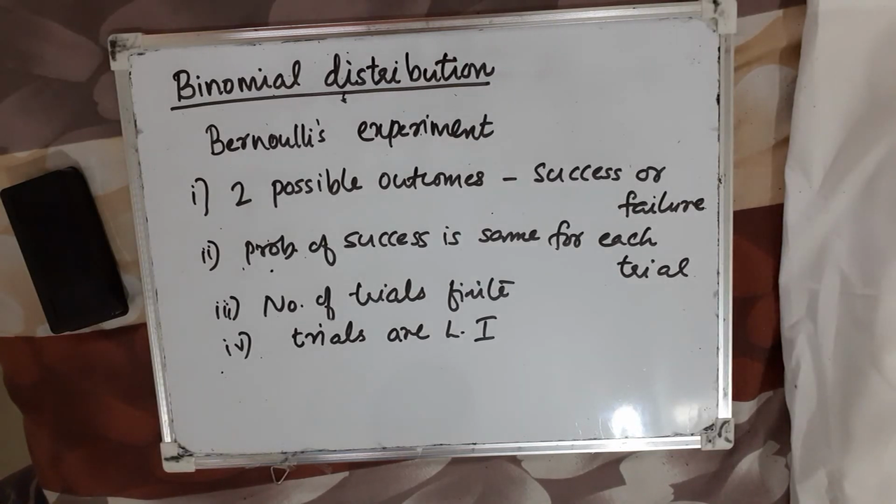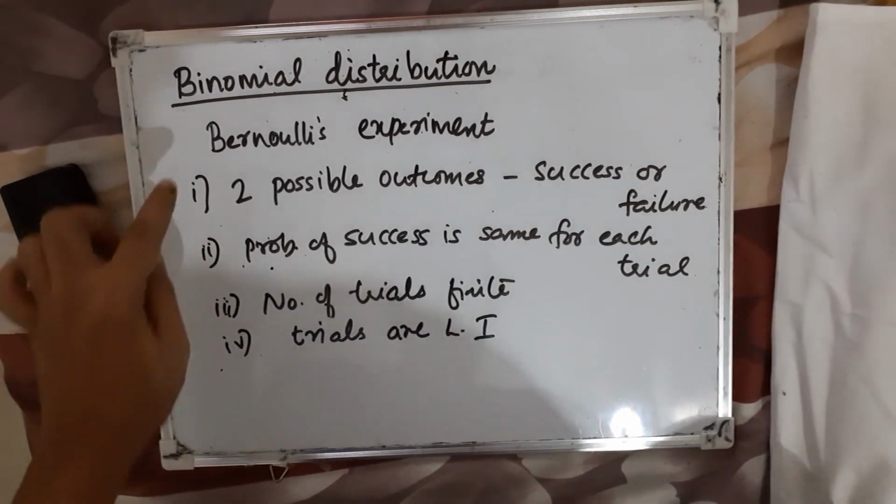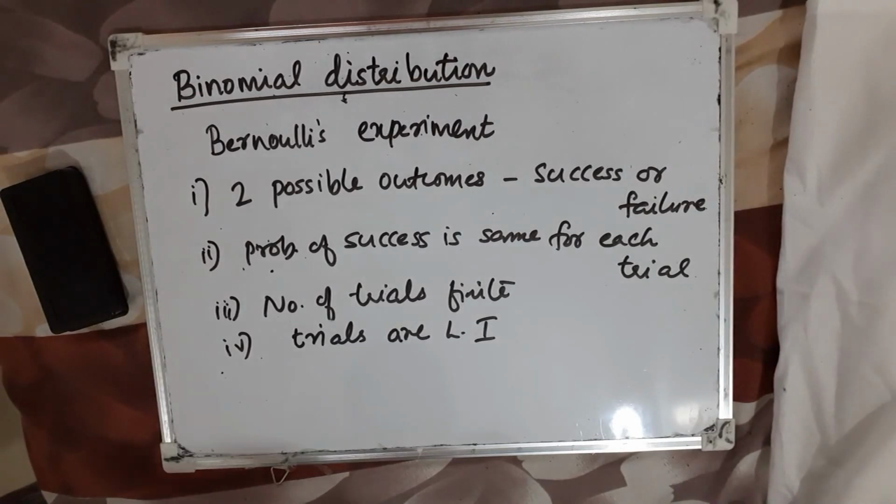Binomial distribution. For this, we want to know what is a Bernoulli's experiment. A Bernoulli's experiment is a random experiment that satisfies these four assumptions. First, there are only two possible outcomes, either success or failure.